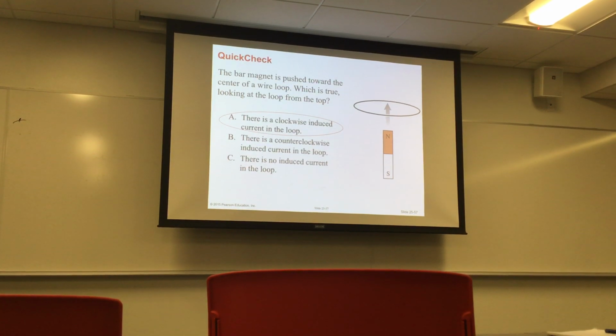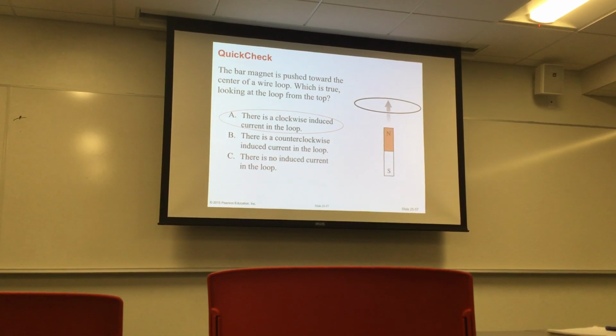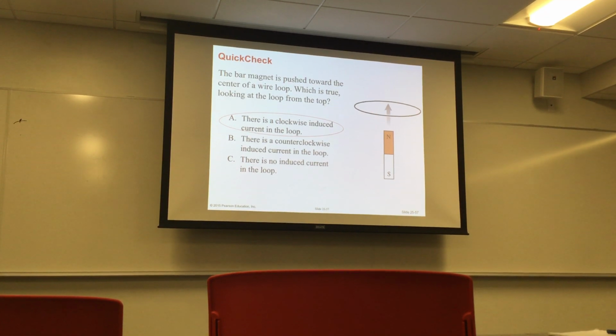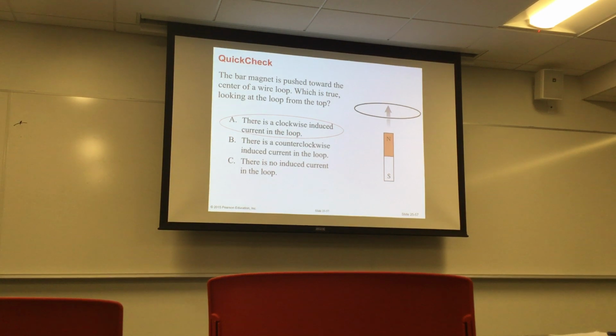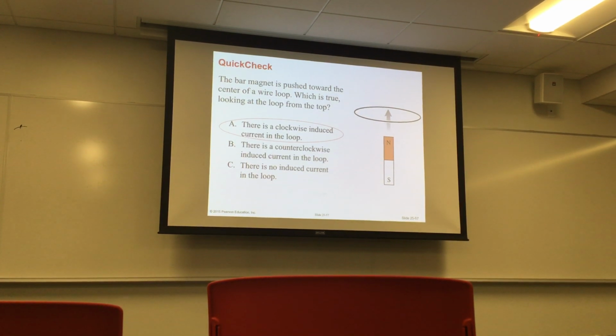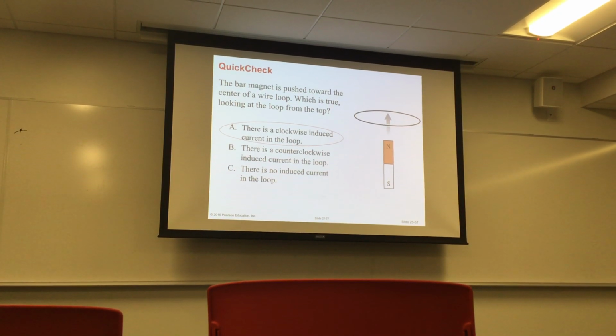Who has a question? Who doesn't understand why? Because it wants to cancel that magnetic field. By bringing the magnet closer, the lines are going out of the north, and more lines are going through that loop.